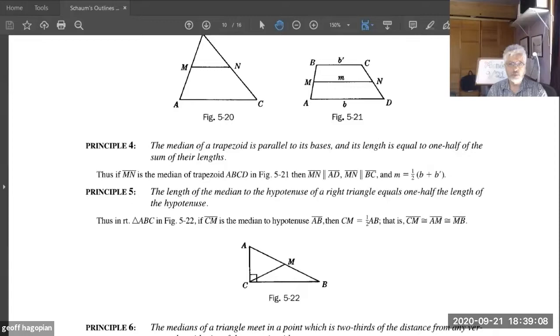If we were to draw the median segment for that triangle through M, we would get half of CB by the theorem we just proved.